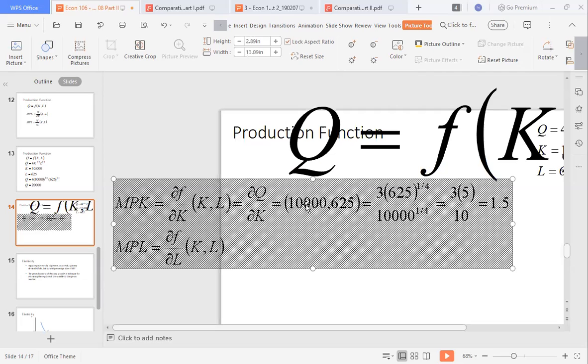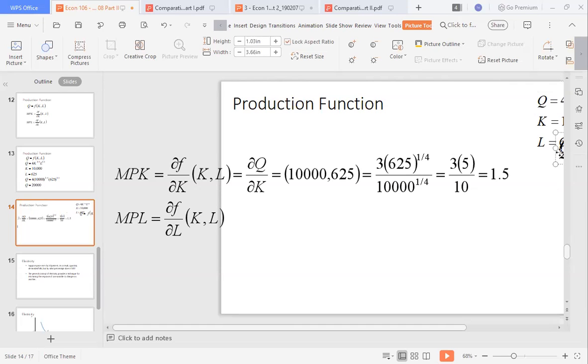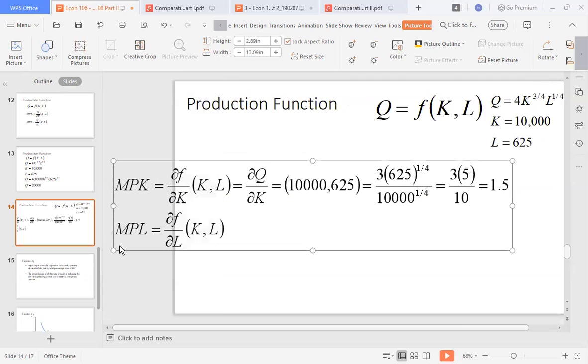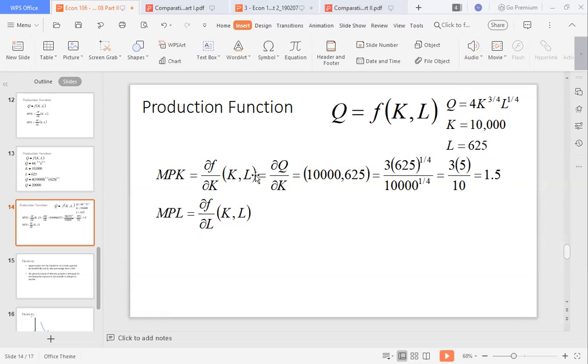Okay, so here's our MPK. Here is our value for the MPK class. I would say this is the entire picture when you're getting MPK, because you already have the values here.